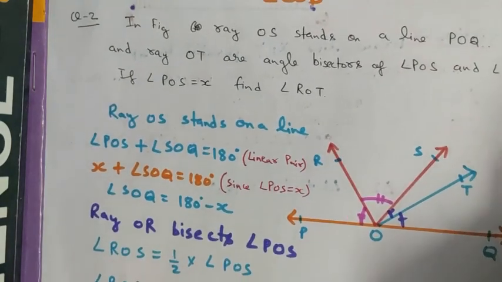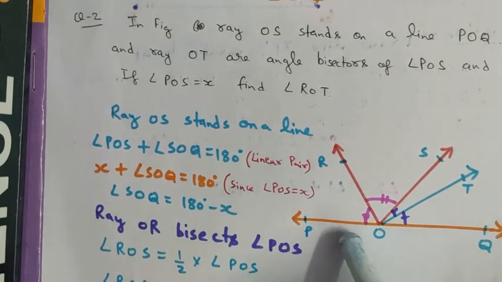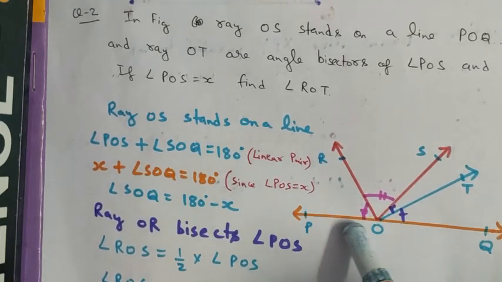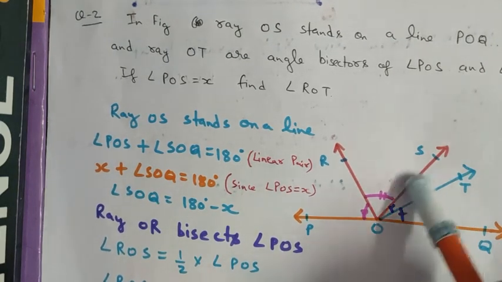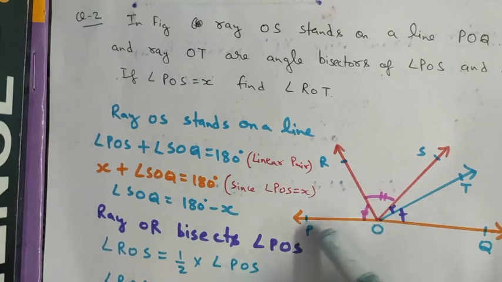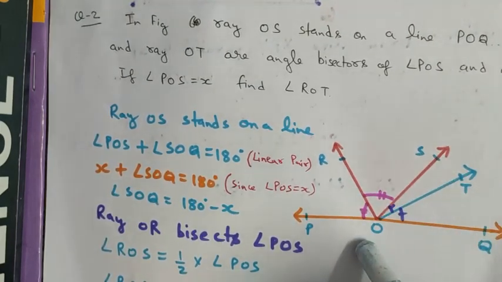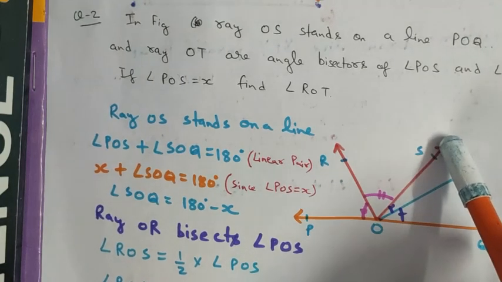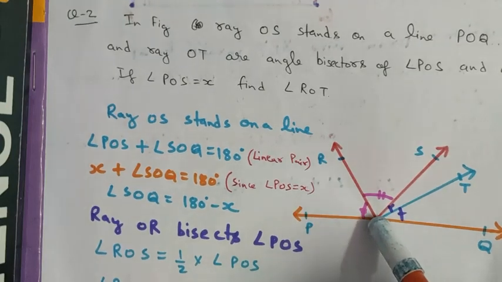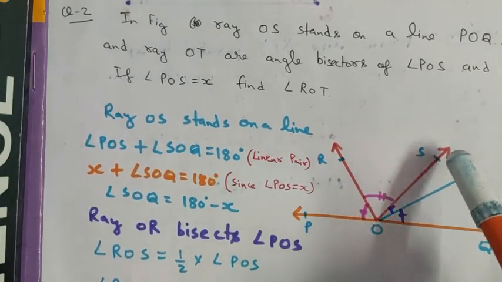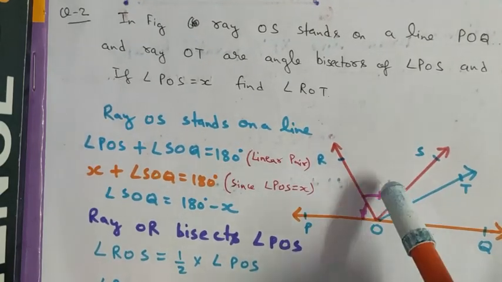In the second question, it is given that POQ is a line, and ray OS stands on the line. POQ is a straight line and OS stands on the line. Therefore the angle formed, angle POS plus angle SOQ, will be a linear pair.